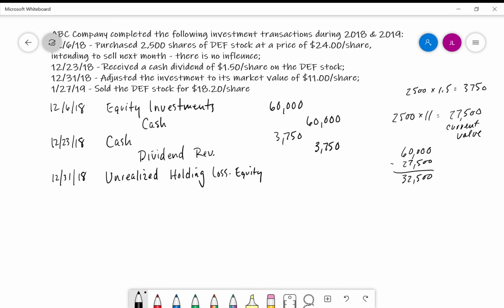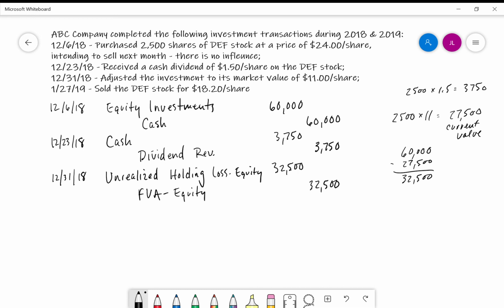So right now we have an unrealized loss, which just means we haven't sold the equity yet. And then we would have a fair value adjustment on our equity investments, and we'll credit that $32,500.